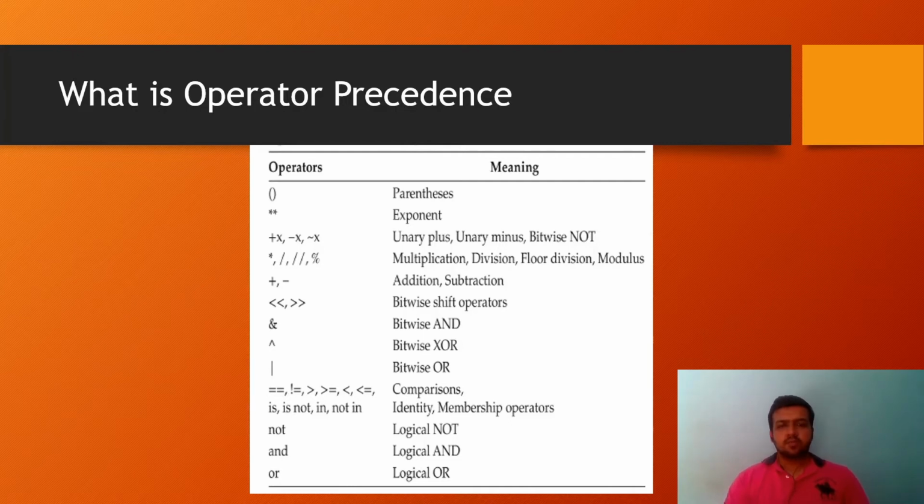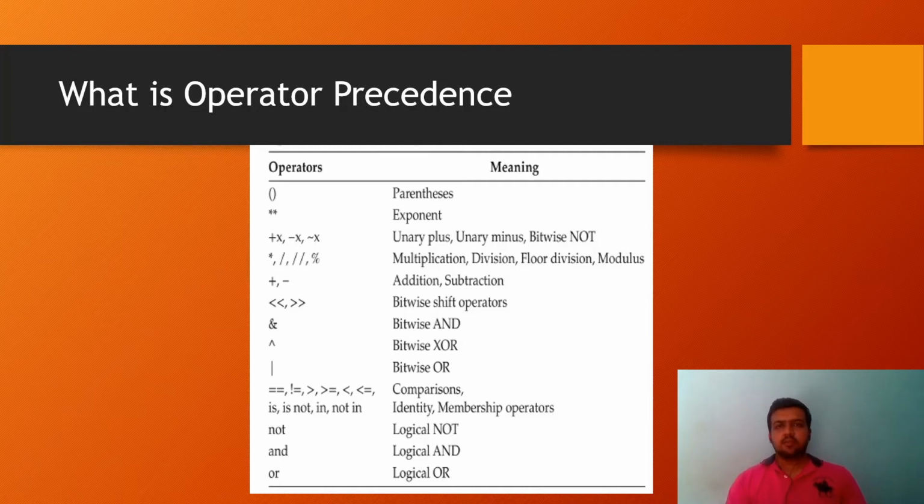Unary operators, as the name suggests, unary means one. In these operators we only give a single operand. Unary plus is a very trivial example, because even if we use it, it is of no use. If I assign a plus sign to a positive value, it's not going to change anything.